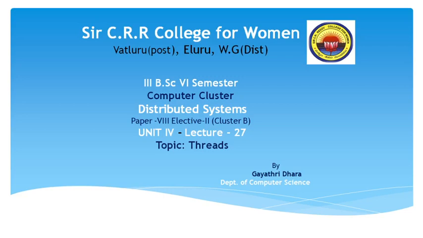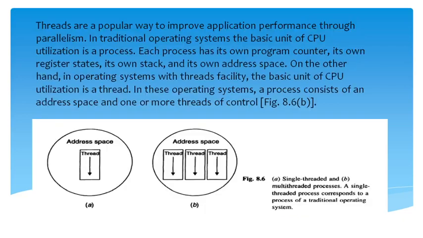Today's topic is the last topic in Unit 4, that is threads. Threads are the most popular way to improve application performance. How do they improve it? Via parallelism.